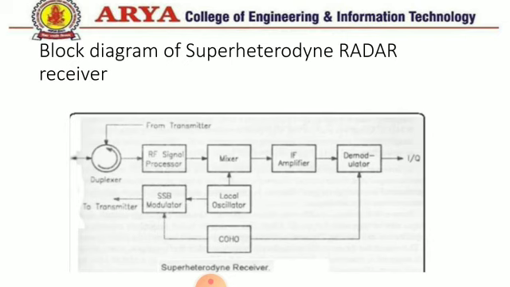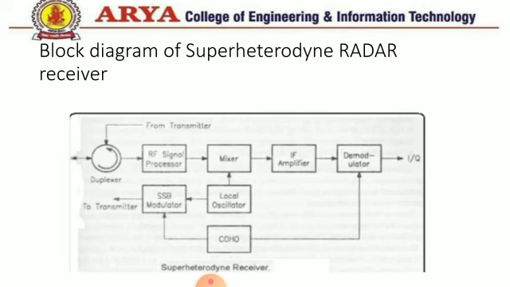So now let's move on to the next topic, the block diagram of the superheterodyne radar receiver. The superheterodyne receiver performs the main function of amplification and filtering at an intermediate frequency, which has a value less than the received echo signal frequency and interference frequency. This is considered one of the advantages of the superheterodyne receiver.